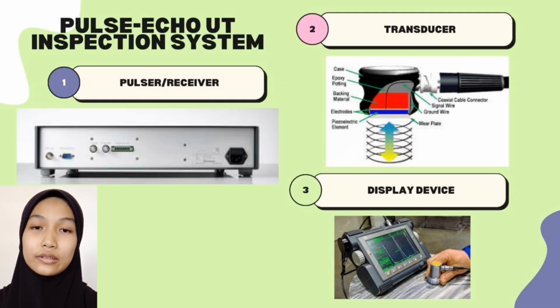A typical pulse echo UT inspection system consists of several functional units such as the pulser or receiver, transducer, and a display device.